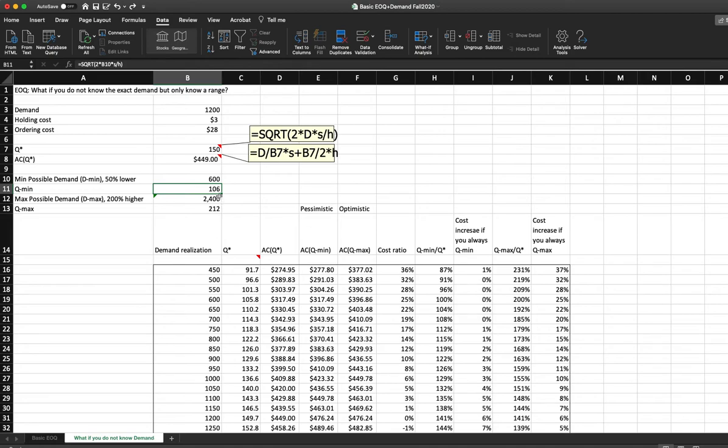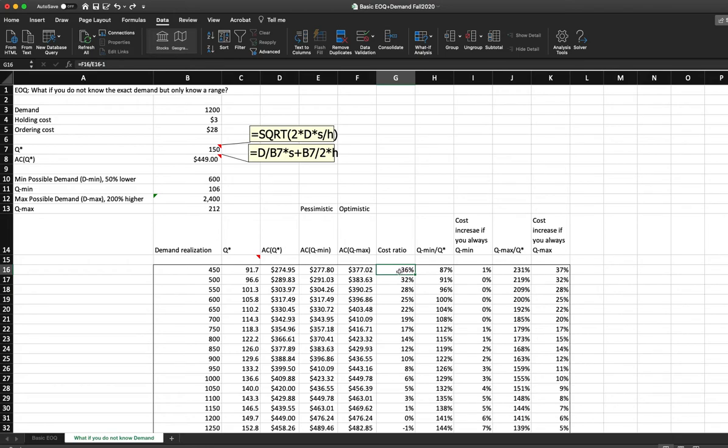What's his or her cost? We can just plug in the cost formulation and get the cost, assuming the manager always orders 106 but the true demand turns out to be 450. So this is the cost for the pessimistic manager, and this is the cost for the optimistic manager. The ratio between them is 36%.